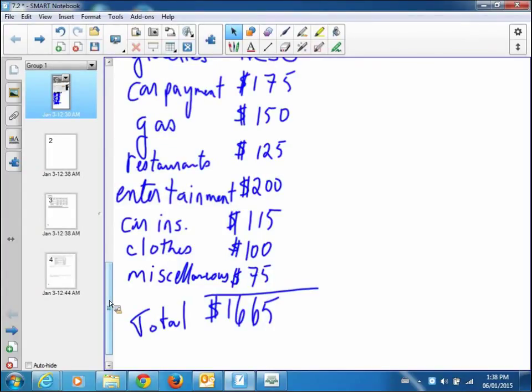I'm thinking it's about 1815. What did you get? You got 1815? Adding it all up? Yeah, I added it in my head. It took me a while though. You got 1815? Good.